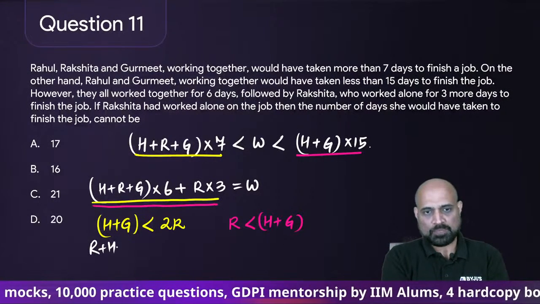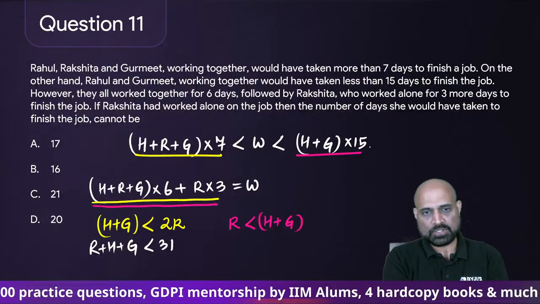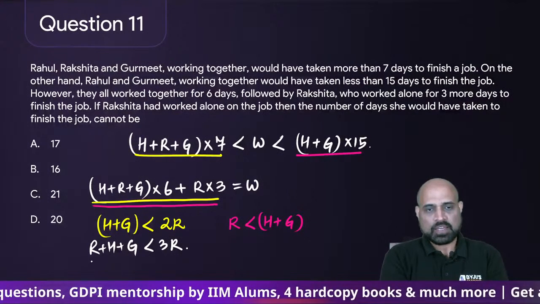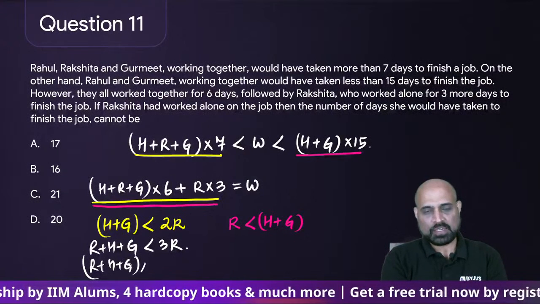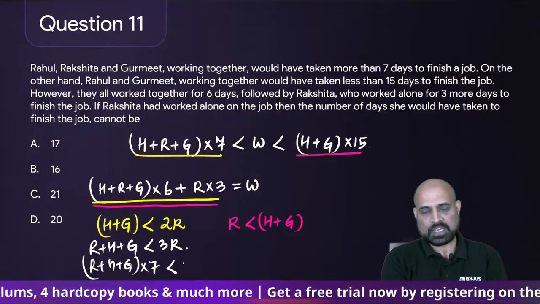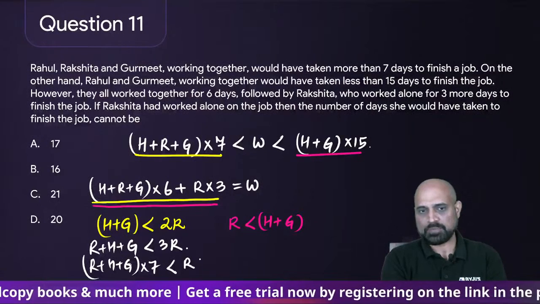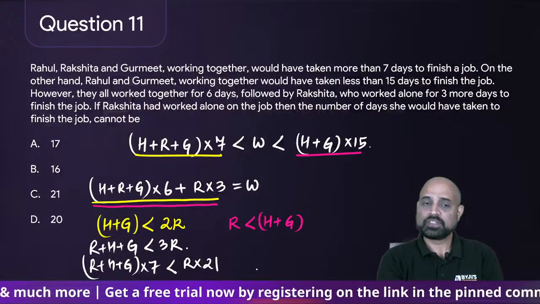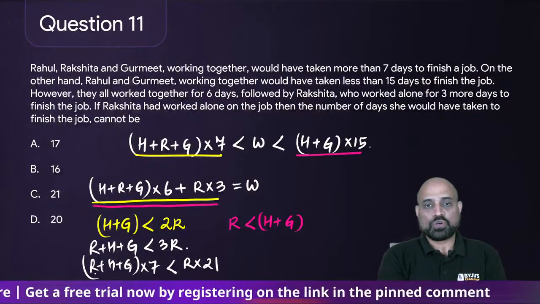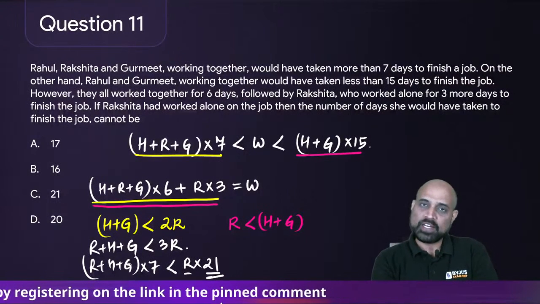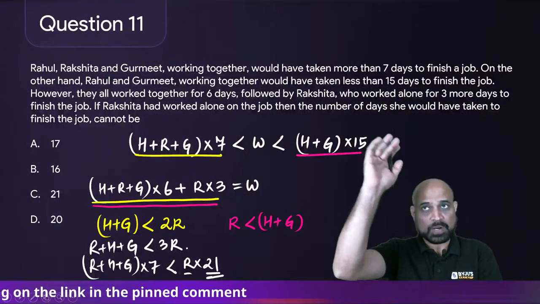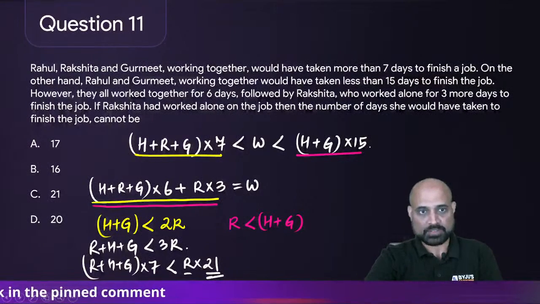So we'll have R plus H plus G is less than 3R, and then R plus H plus G into 7 is less than 3R into 7, which can be written as R into 21, right? So can we say she cannot take 21 days, right? This is an upper limit, she is going to take less than 21 days.